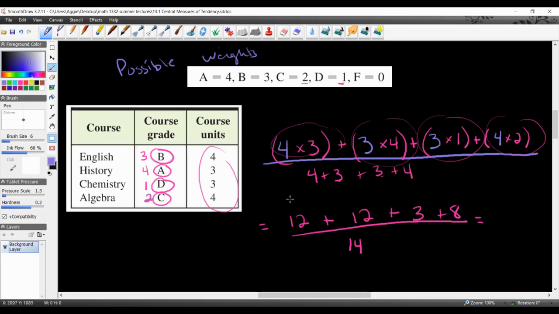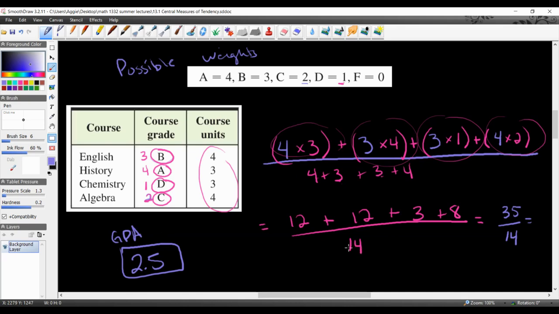When I add all this up, I should get, let's see, 12 and 12 is 24, plus 3 is 27, plus 8 is 35. And then we have our 14. Then this roughly divided, let me see, what did I get for that? It looks like I got a 2.5. So that means that the student's GPA was a 2.5.